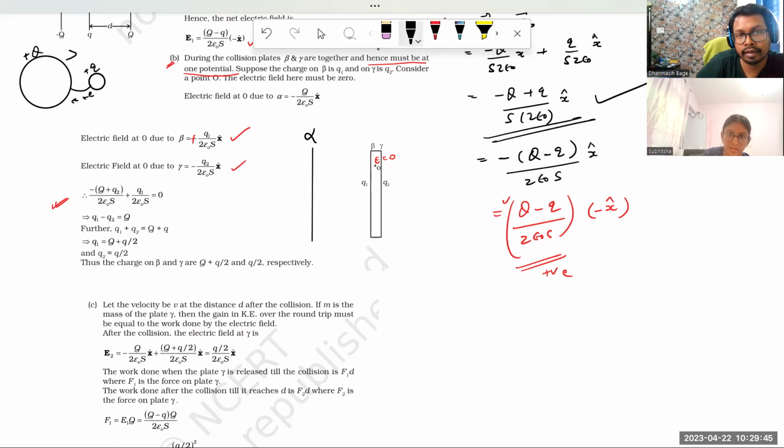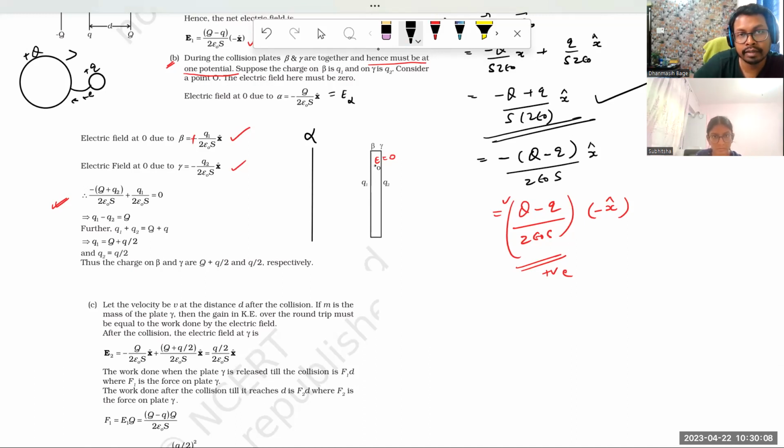So why not only beta and gamma? Because only beta and gamma are colliding. No, because this is also setting up the electric field, right? Alpha is also there. We have to consider everything around that point because the field can go inside also, right? This is E alpha.